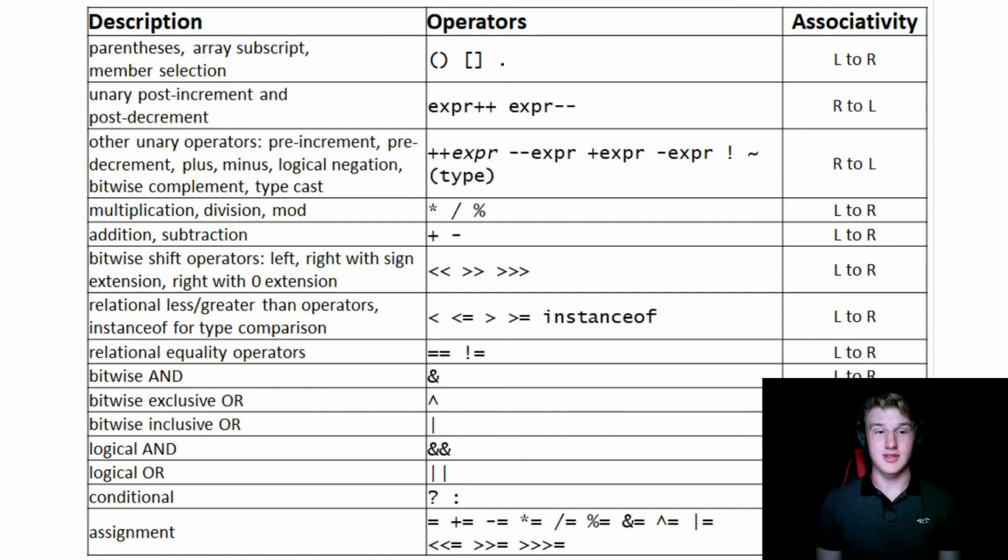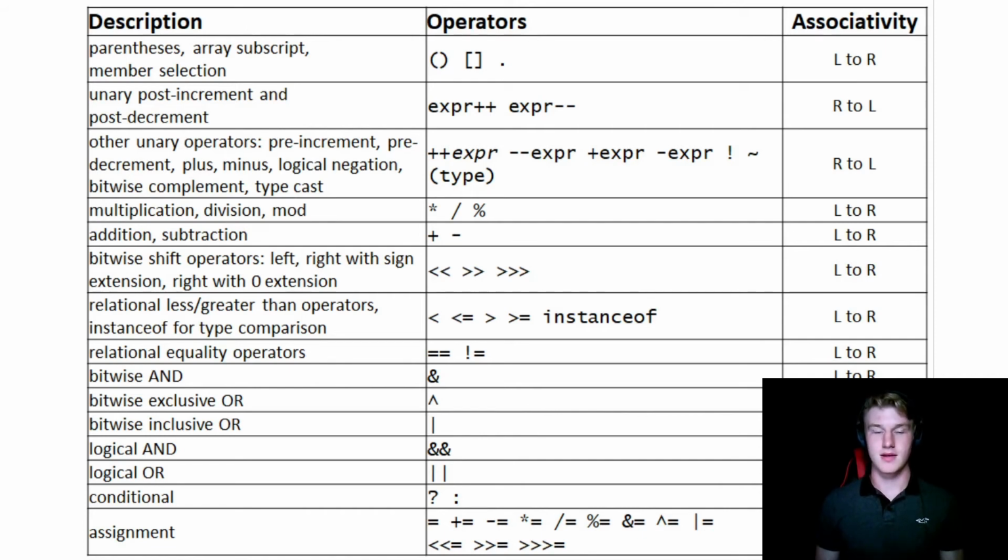So first is parentheses, array subscript, so that's the brackets, and member selection. So, for example, system.out.println goes first because of the dot. And that is read left to right: parentheses, brackets, and periods. Very important, they go first.